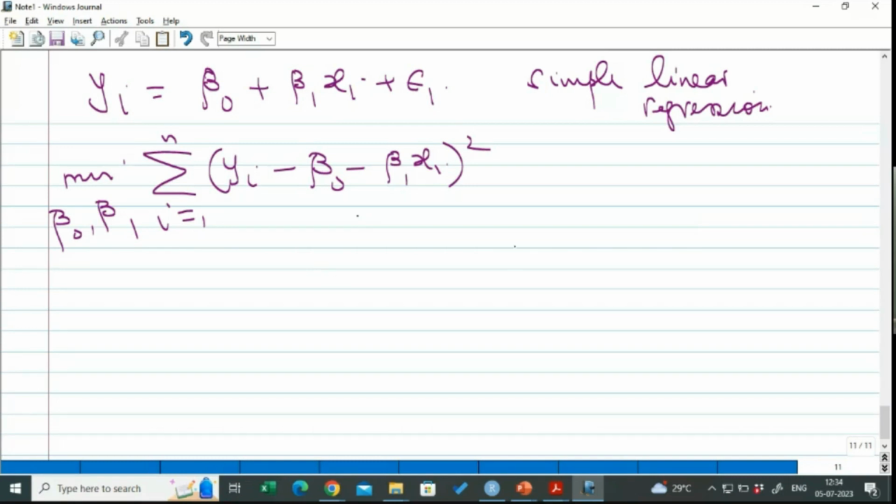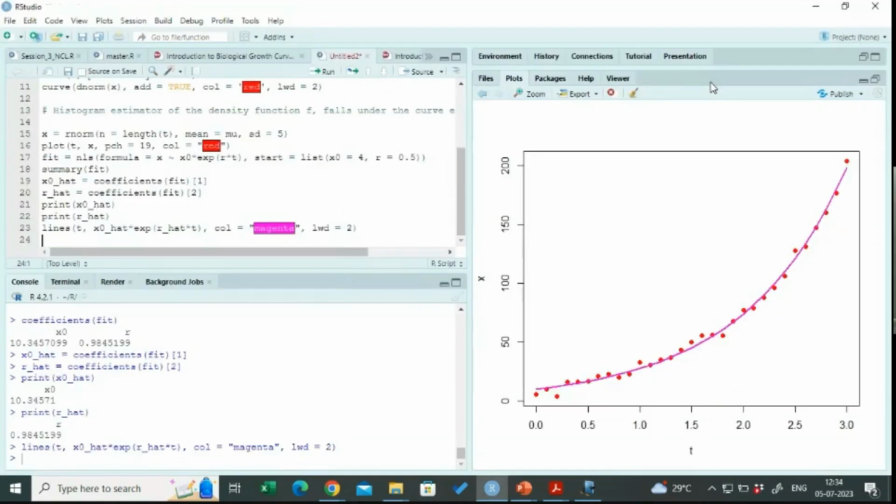And in R you have used the lm function, which is going to give you the fit of the linear regression model. I'm assuming that it is done for you. So this is what we have learned about multiple linear regression.